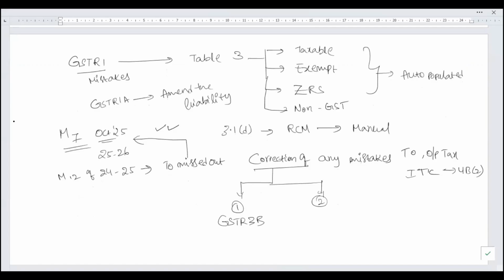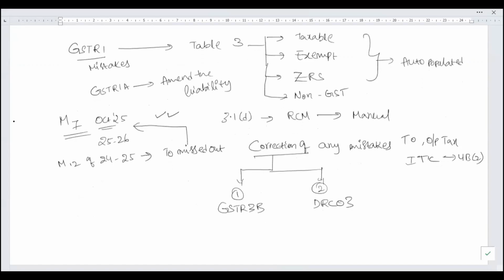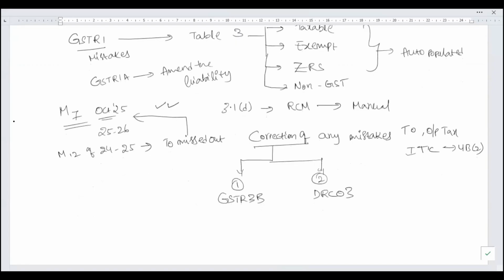Option 2, I can do through DRC03. But my suggestion would be, we can do it through GSTR3B, and this disclosure needs to be done in GSTR 9 and 9C, the annual returns.